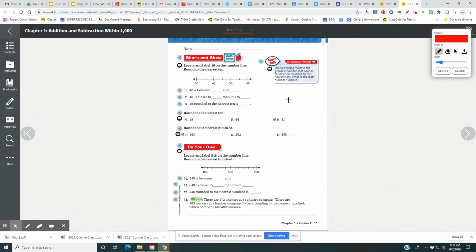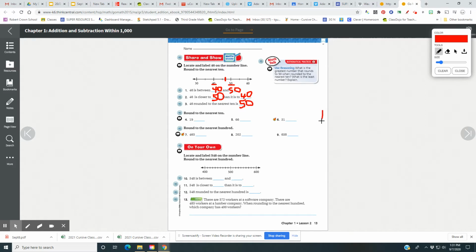So you go ahead and do it. 46 is in between 40 and 50. 46 is here. 46 is closer to 50 than 40. So 46 rounded to the nearest 10 is 50.